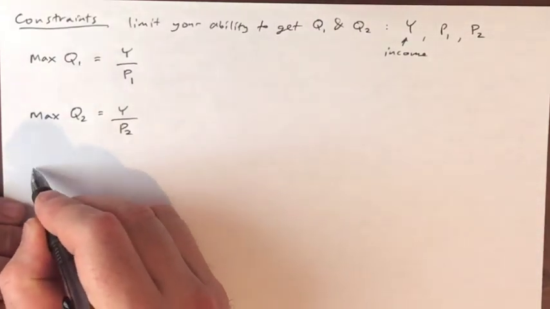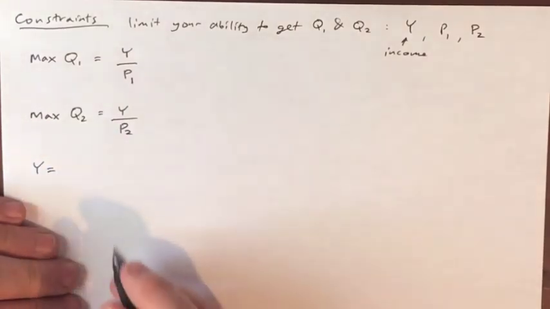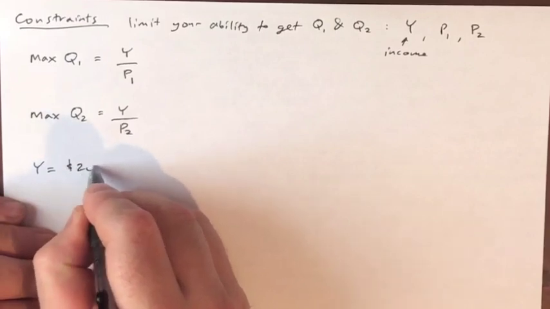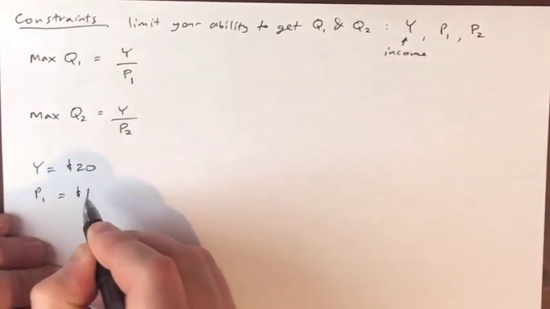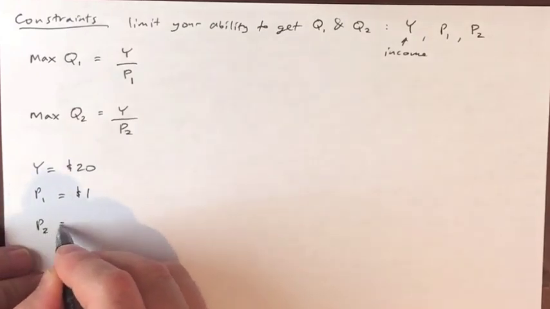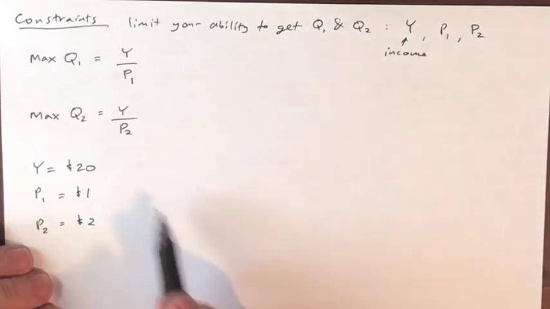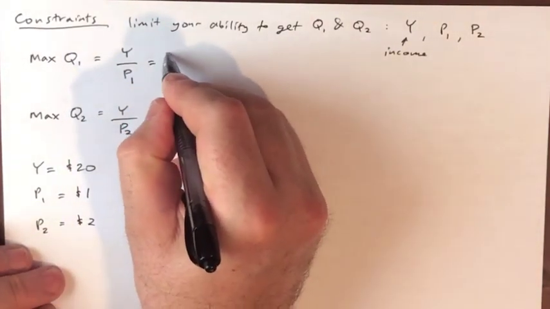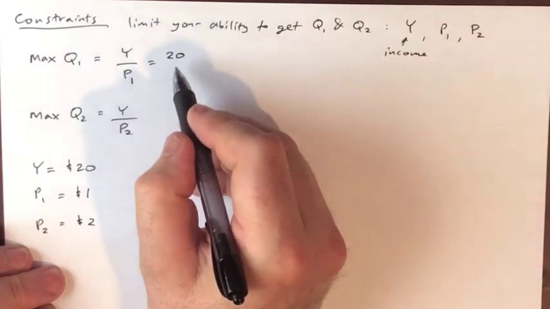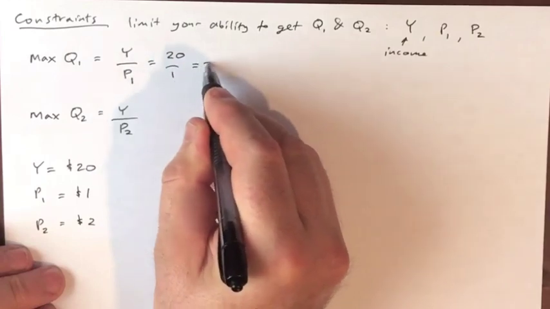Okay, so let's say that your income is equal to $20. The price of good 1 is equal to $1, and the price of good 2 is equal to $2. All right. So we can see from this the maximum quantity. It's pretty simple. Okay, we're going to take $20, divide by $1. We get 20.